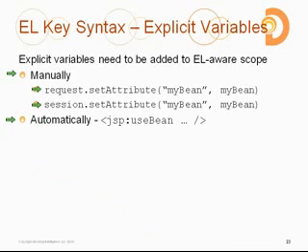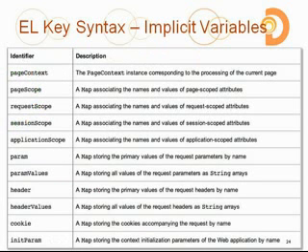From an implicit variable perspective, meaning variables that have already been created and are automatically available to the expression language, you would see a list of variables that look very much like the implicit variables that are available to JSPs. There are a few that are simplifications.